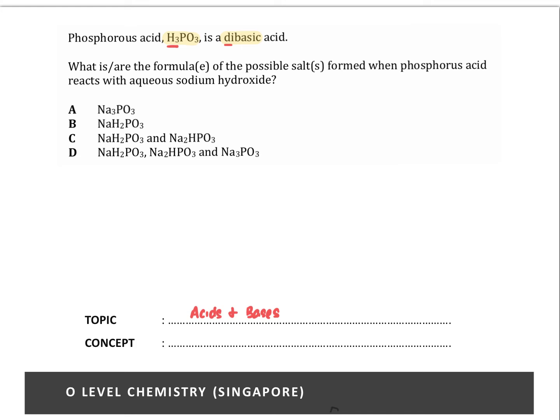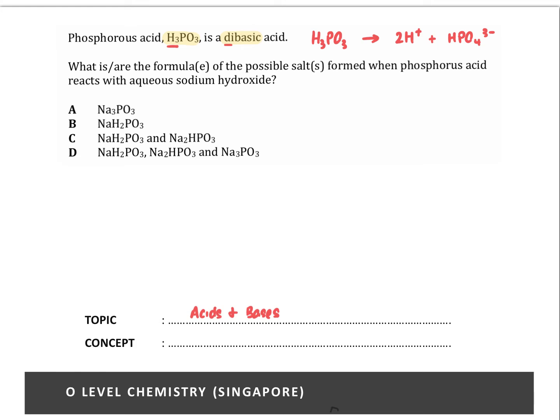Okay, so the overall equation will look something like this. H3PO3, only 2 of the hydrogen atoms can form ions, so the remaining anion would have a formula of this. Okay, so that's the first concept that we need to revise.